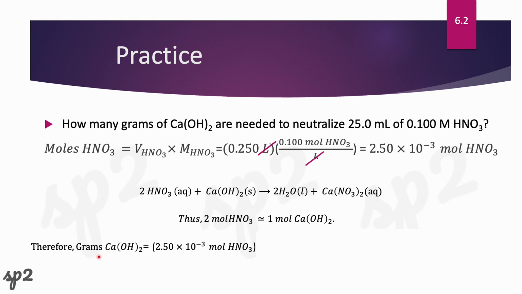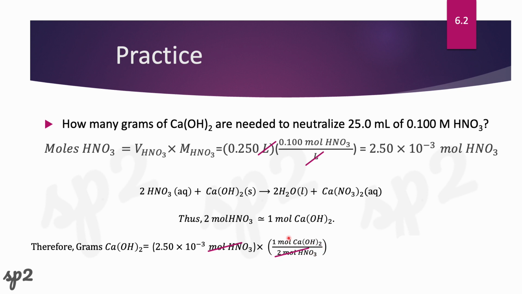You're looking for the grams of calcium hydroxide. I have this many moles of my first compound, which was nitric acid, and then using their coefficients, 2 moles of nitric acid react with 1 mole of calcium hydroxide. Make sure that these two units are consistent so you can cross them out.